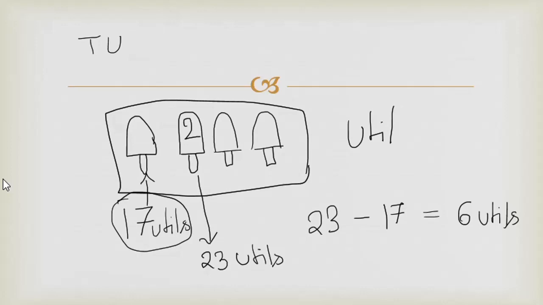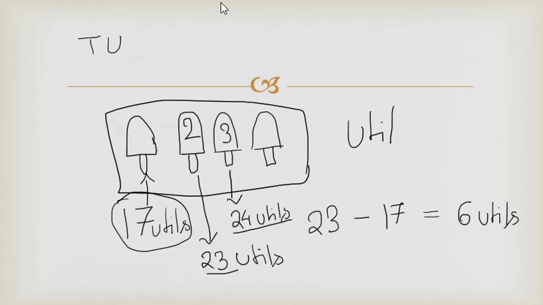Likewise, if you further increase the consumption and he consumes the third unit of ice cream, after consuming the third unit the total utility becomes 24 utils. Remember, this 24 utils includes the 23 utils.